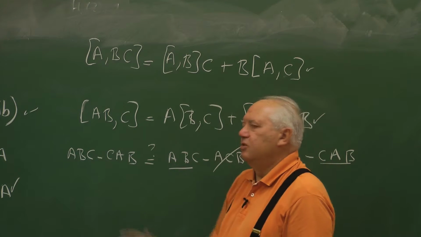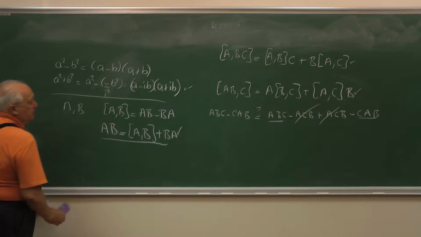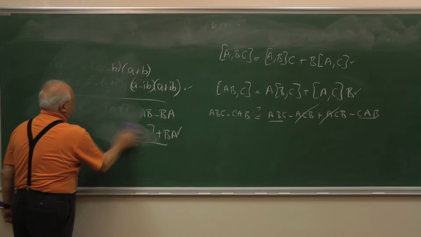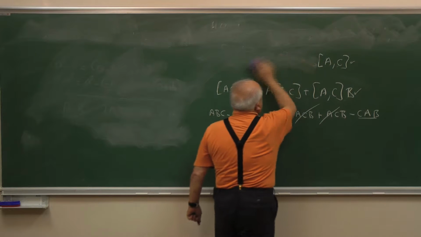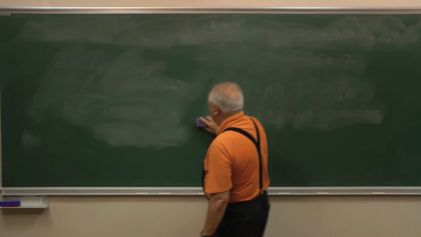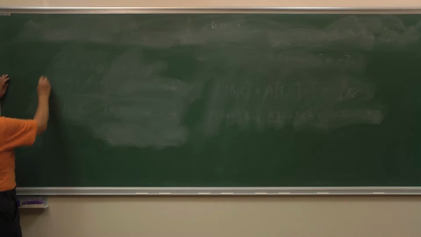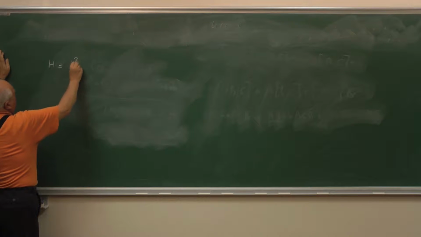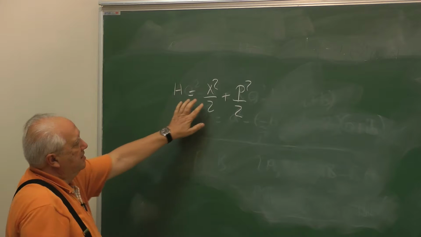Okay? So this was just the algebraic preliminaries. Now to the physics problem. I am erasing this. The dimensionless form of the Hamiltonian was H equals x squared over 2 plus p squared over 2. These are dimensionless.